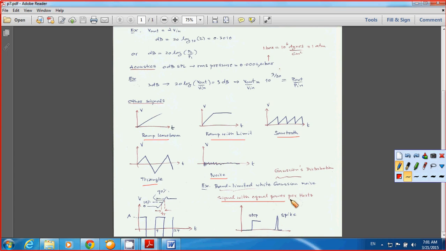It has a distribution just like the Gaussian distribution, that's why they call it Gaussian noise. And you also have step and spike. We will get into more details about all of this later on, and we will also talk about digital logic.